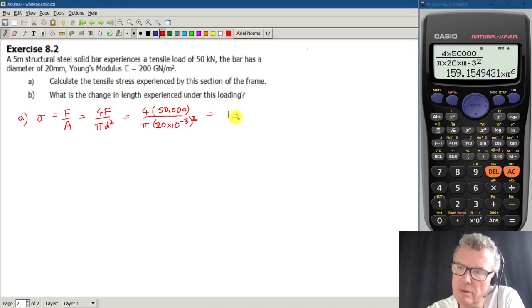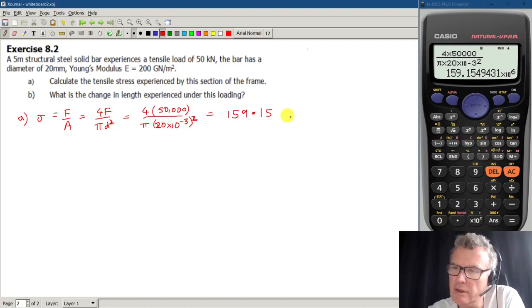So here 159.15 times 10 to the 6, which is going to be equal to 159 megapascals, or 159.15 megapascals. Normally I'd probably state answers in terms of megapascals.